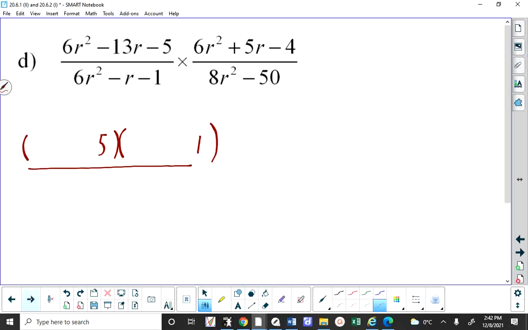So I'm going to try 3 and 2, and it's hard for me to not look at it and decide where they go. Like if you're like me, I looked at it and I said, well, I need negative 13r. I guess I'm going to put the 3r here so I can bulk up on r's by getting 15r for my inner product. If I put the 2 here, my outer product is 2r.